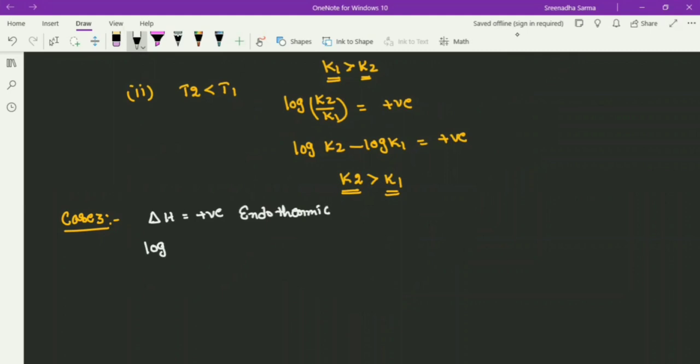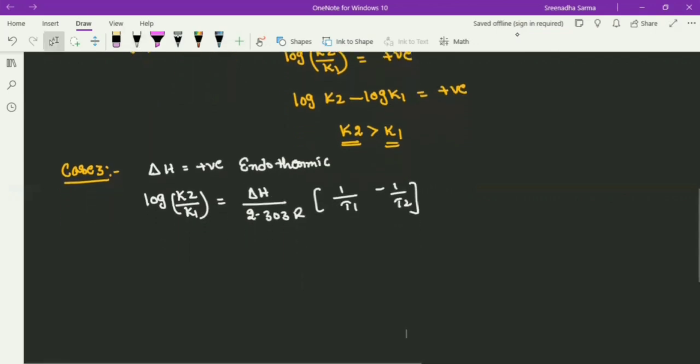So you know the equation, log K2 by K1 is equal to delta H by 2.303 into R into (1 by T1 minus 1 by T2).